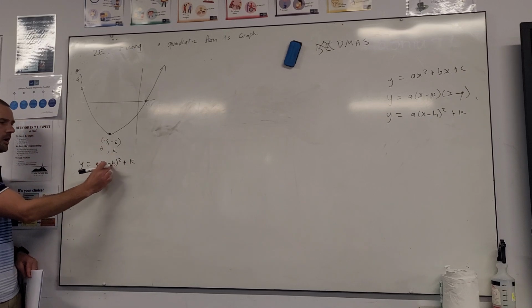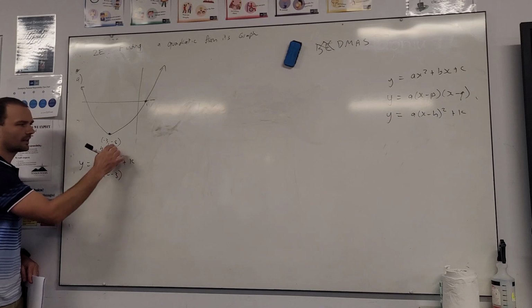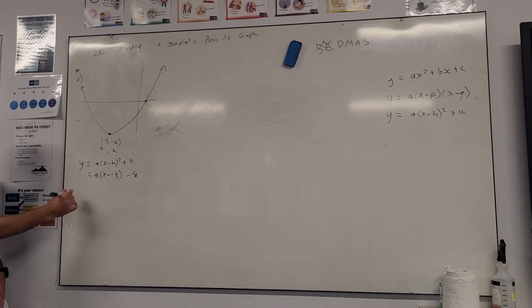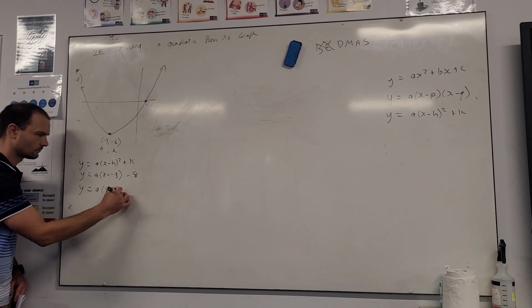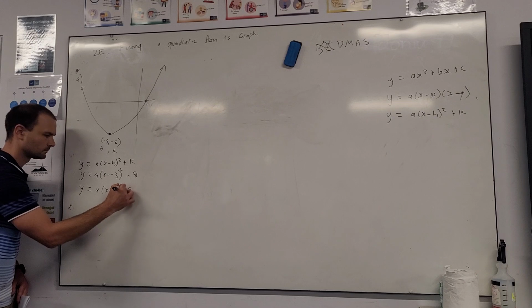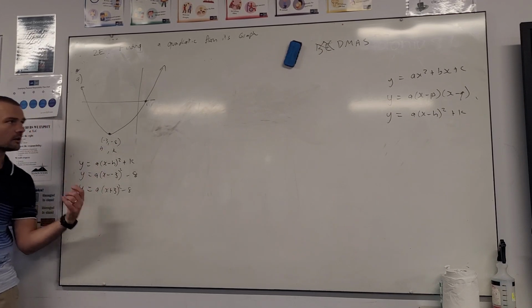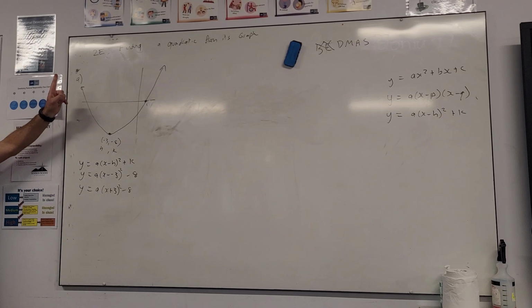We've got h is minus 3, and we've got k is minus 8. Okay, so we can recognize the vertex. Yep, there we are. And then use this coordinate.